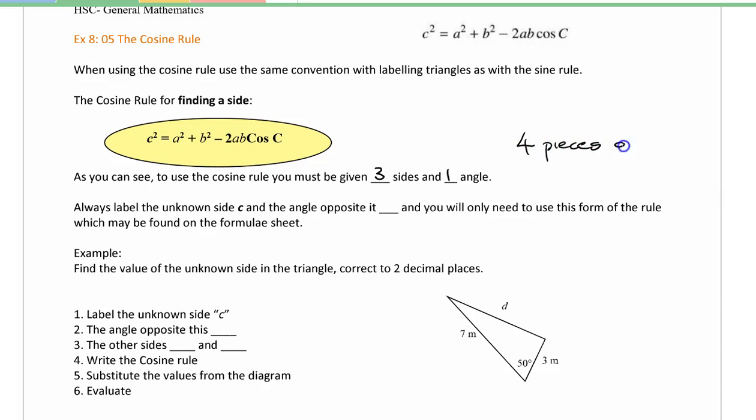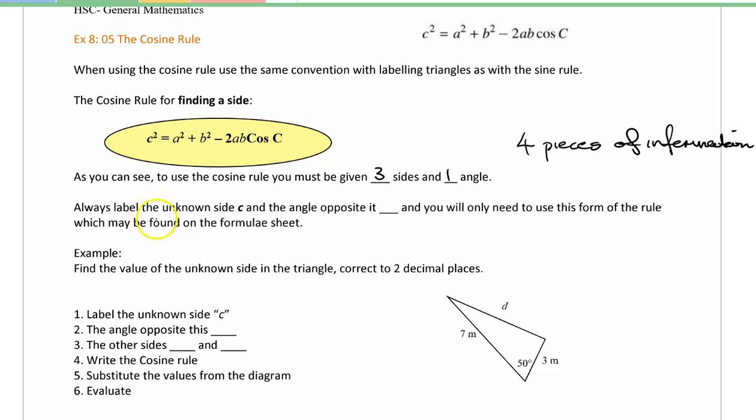And what do we need? You must have numbers for three of those four. So the three pieces of information you may have are two sides and one angle, and you're asked to find the third side. So that's going to be the style of question you get in this exercise.